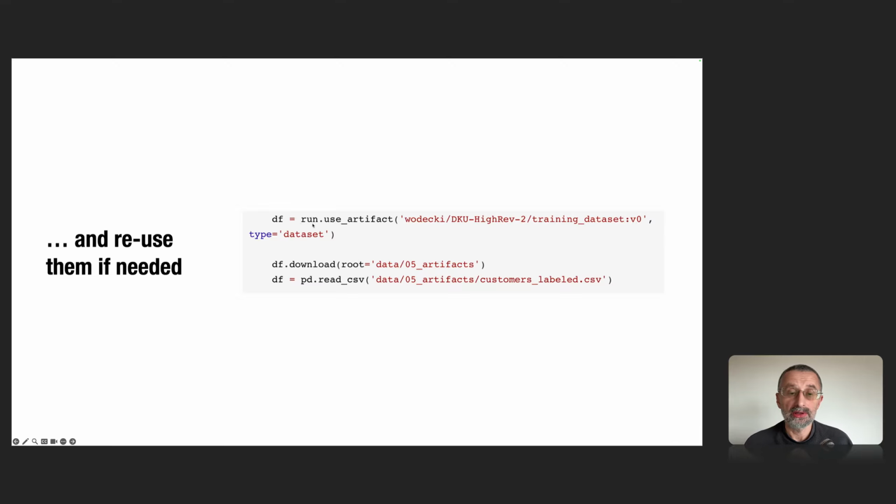This is the object generated by Weights and Biases, taken from the Weights and Biases library, and then I have a method use artifact, and I specify the name of this artifact from my hosted solution, from my account, my project in Weights and Biases, and it will download it and either read it to be reused in the code, or I can download it to my drive.